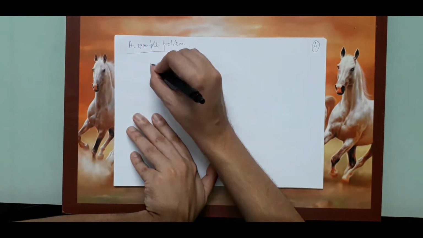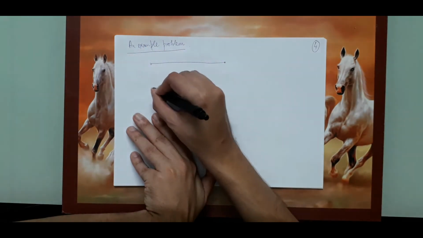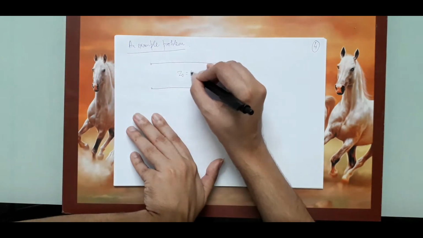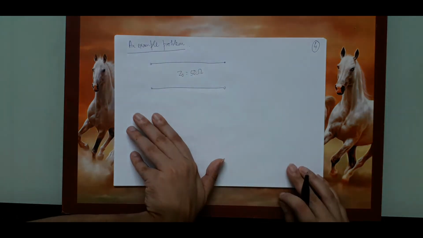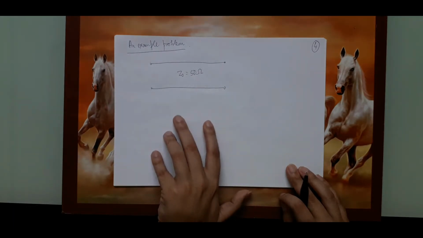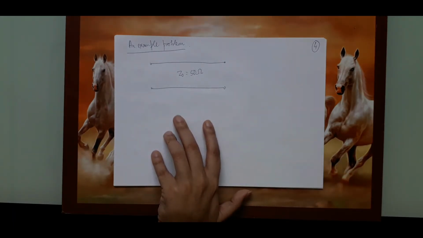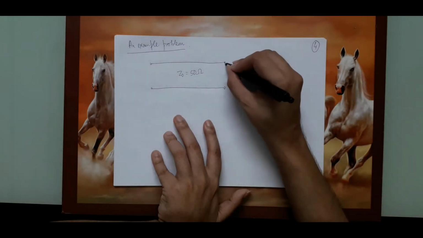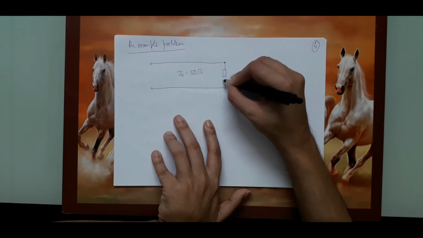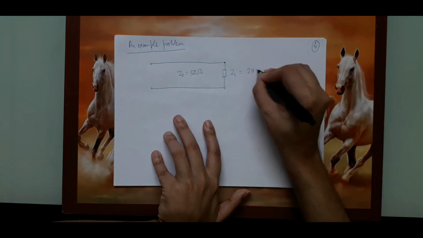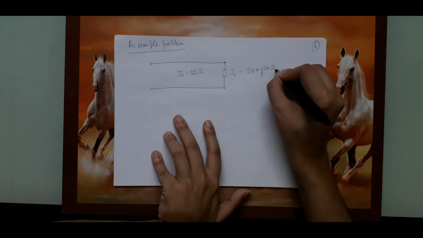You are given a transmission line whose characteristic impedance is 50 ohms. It's a real impedance, and as you know, lossless lines have real impedance, and we are going to use the Smith chart for lossless lines only. And this line is terminated with a load of 20 plus j20 ohms.